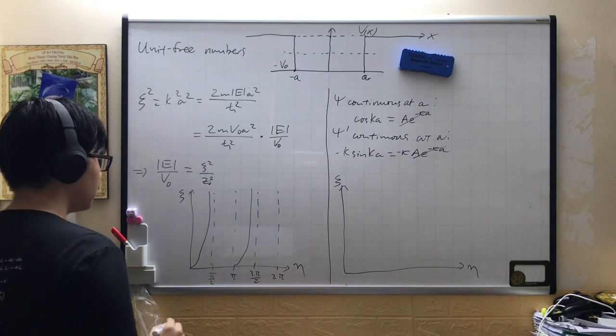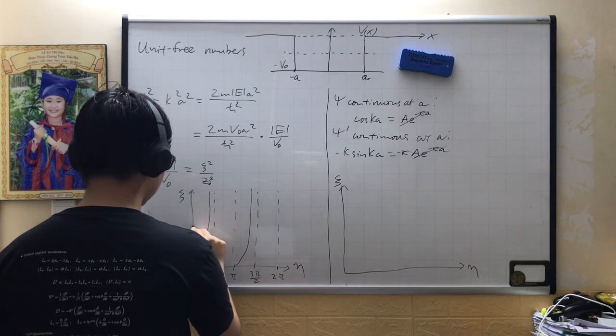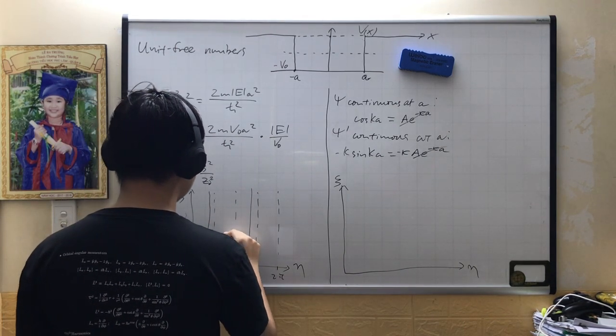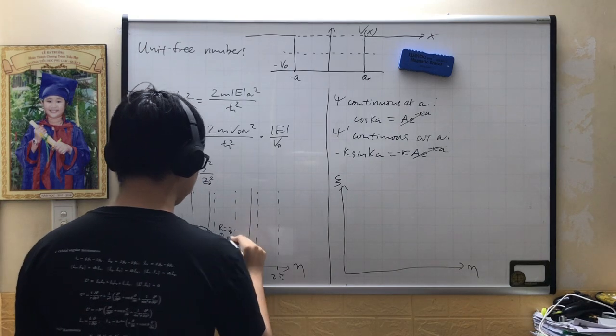And the picture here you would get is some sort of circle with the radius z0.